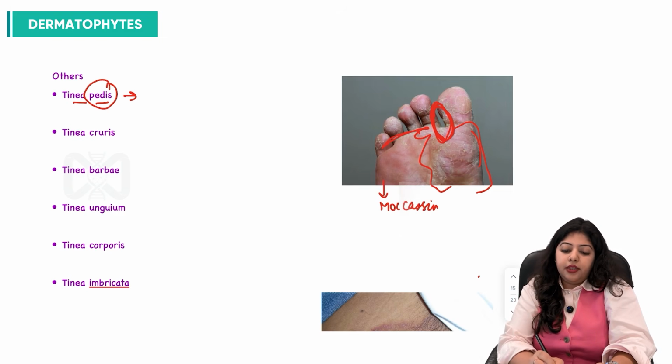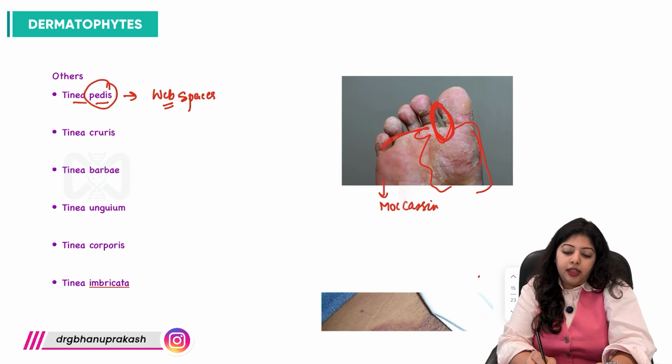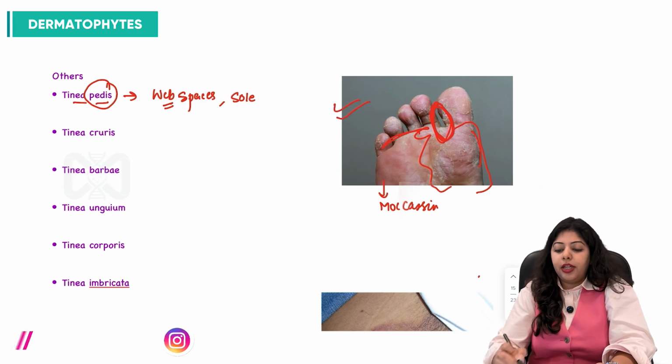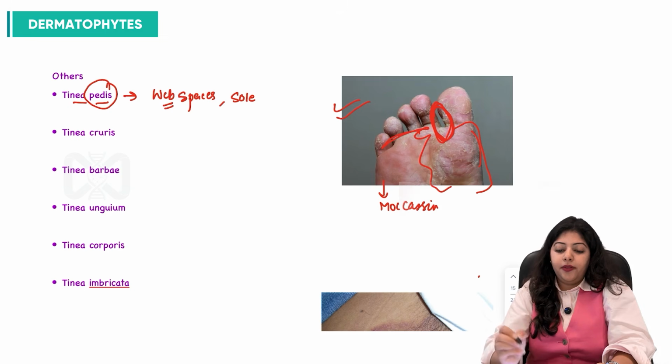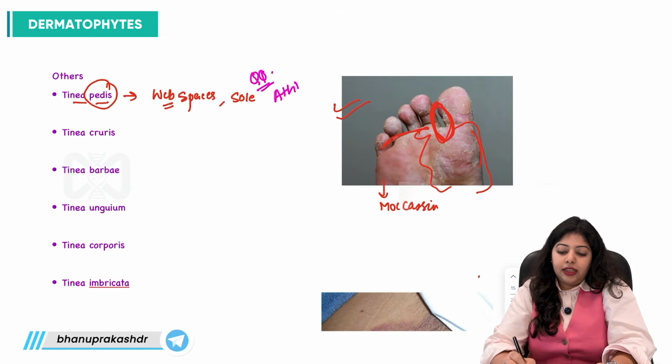So firstly it is affecting the web spaces and then the whole sole. And what is this type of infection called? This is nothing but athlete's foot.